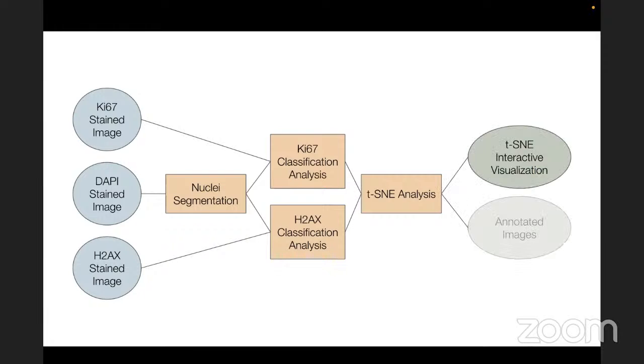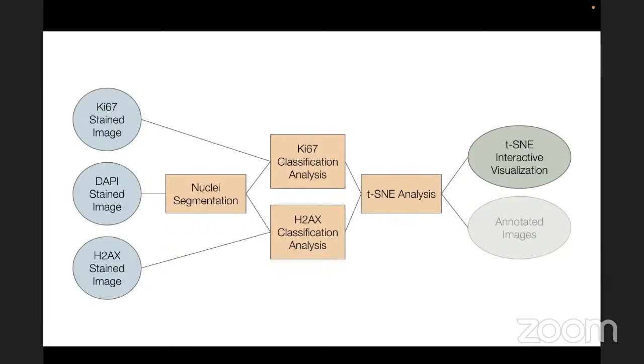So now we're getting into the output of this ImageJ plugin. We do all of this in the boxes. That's all of the analysis that we're running. And then the circles on the left-hand side are our input, and then we have our output. So our first output is the TSNE interactive visualization. Theoretically, it will be interactive, so you can hover over and identify where in the image you have those regions of DNA damage or active cell cycle nuclei.